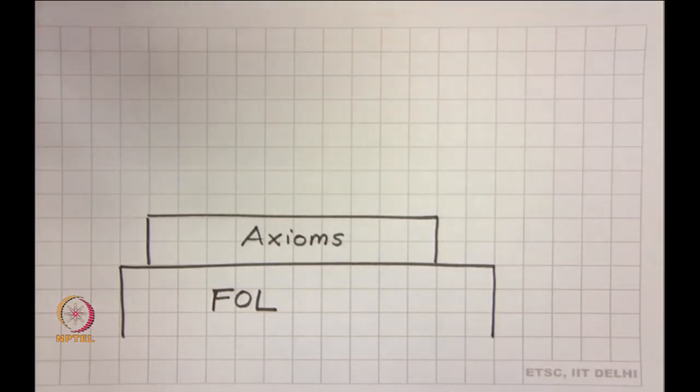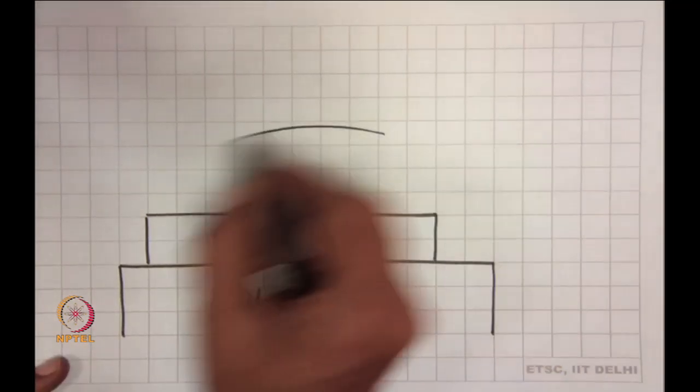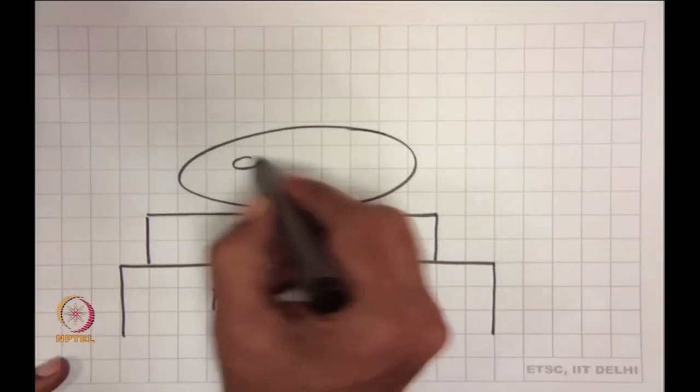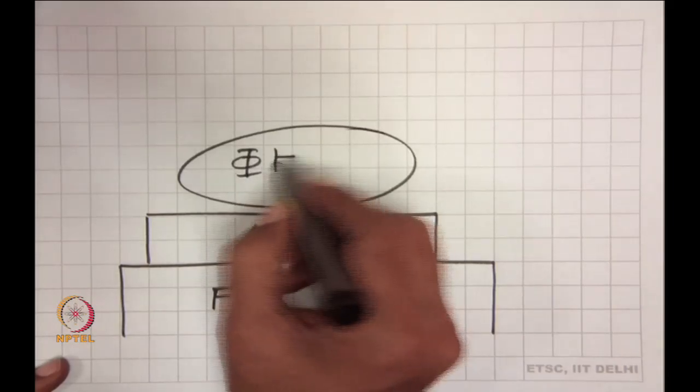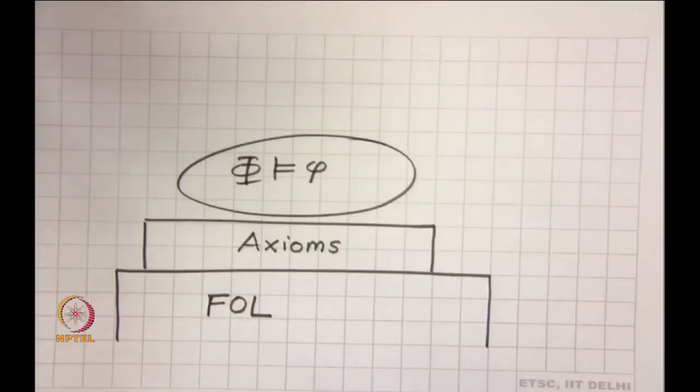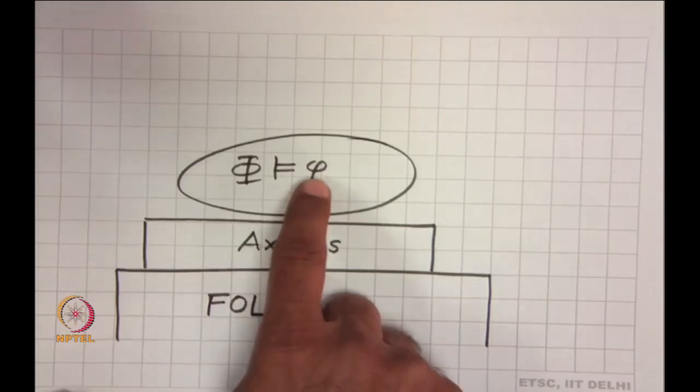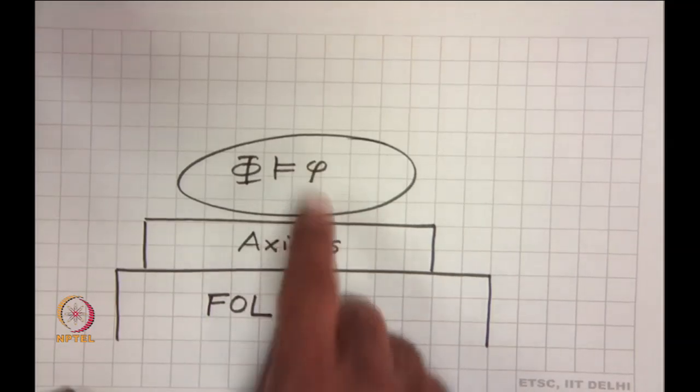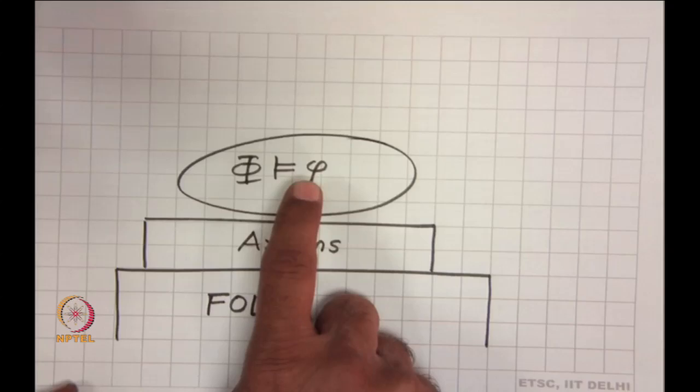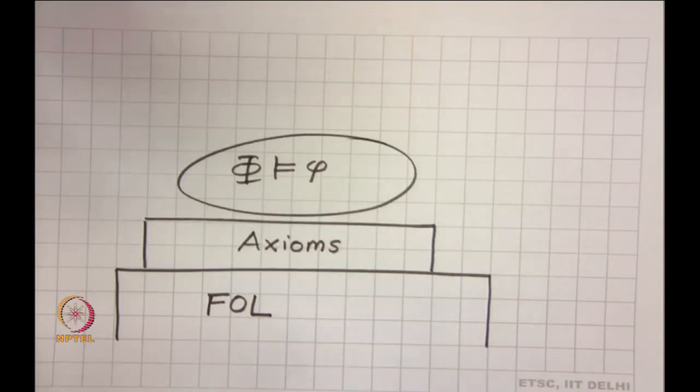So, you take any theorem. Supposing there is some valid formula expressed in this theory, but you are not able to prove it with these axioms. So, what are you saying?